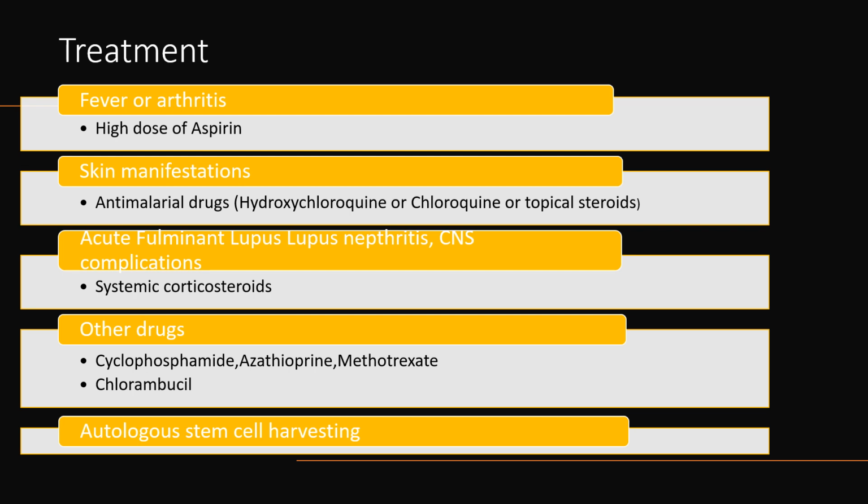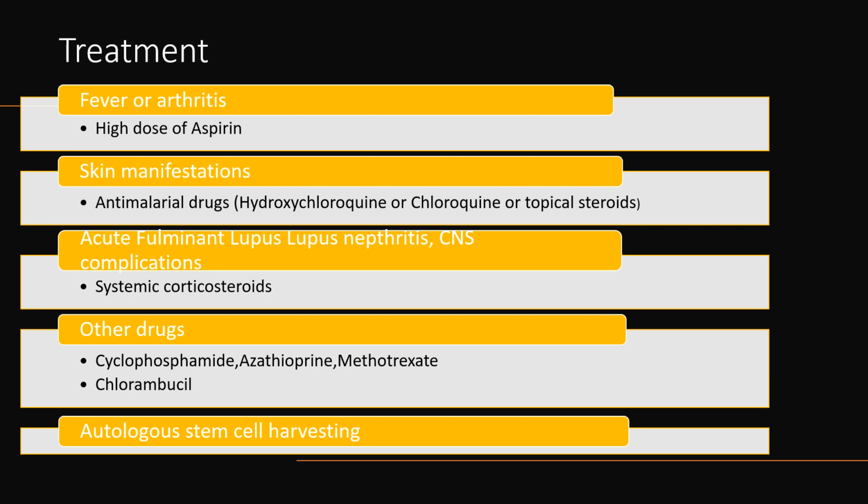For cases of acute fulminant lupus or lupus nephritis, or in any cases of CNS involvement, systemic corticosteroids are advised. Other drugs such as cyclophosphamide, azathioprine, methotrexate, and chlorambucil are also advised.